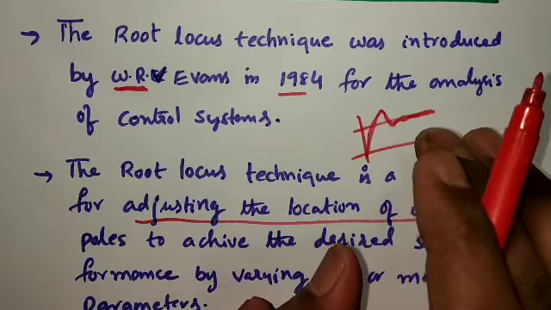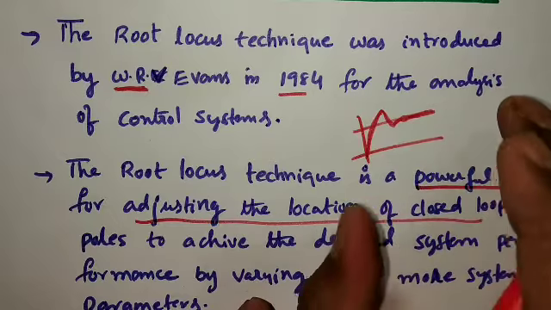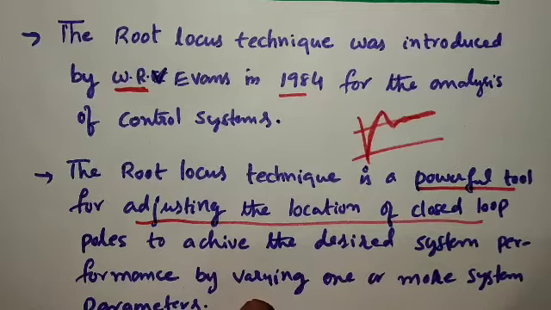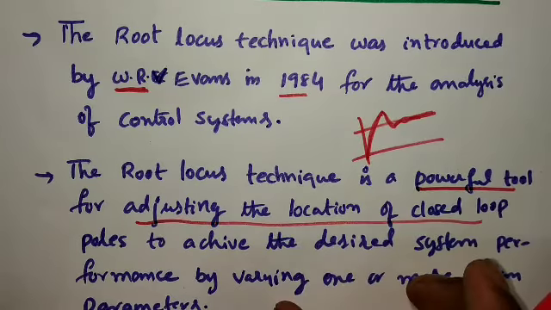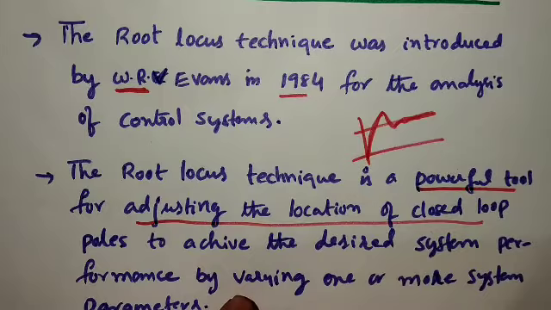It means most control systems, in industrial control systems, have an underdamped response nature. Here we can vary the closed loop poles by varying the system gain. As you vary the system gain, the location of the poles is adjusted so that it gives the desired performance of the system.